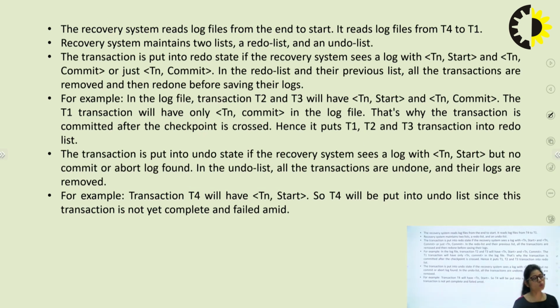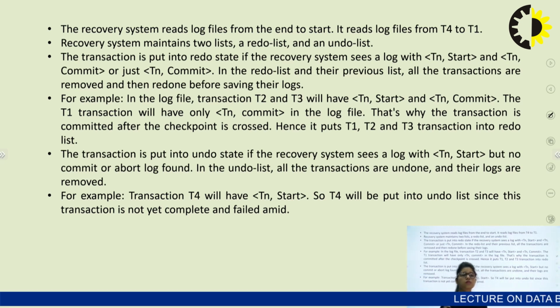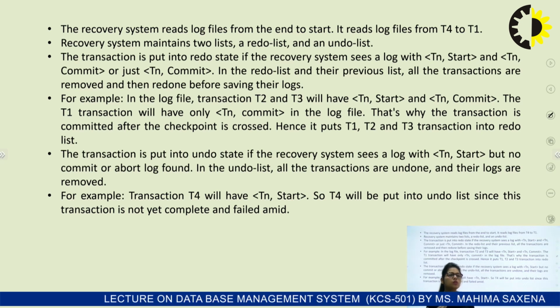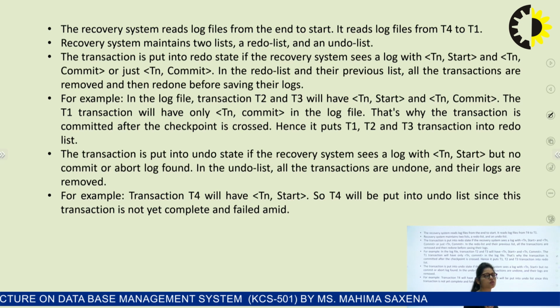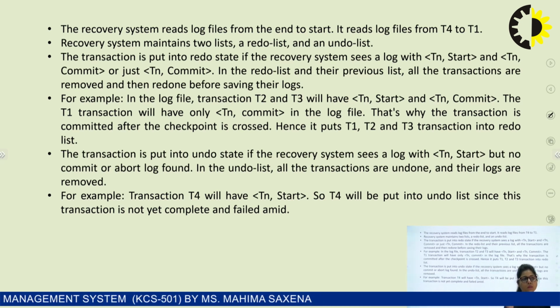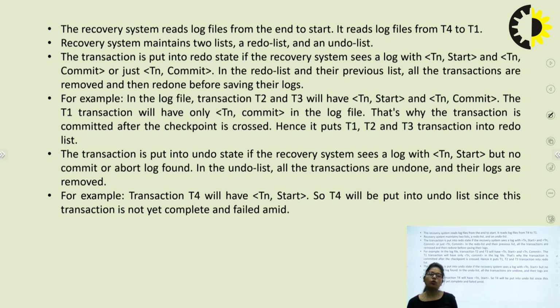The recovery system maintains two lists, a redo list and an undo list. A transaction is put into the redo list if the recovery system sees a log with Tn start and Tn commit, or just Tn commit. For example, in the log file, transactions T2 and T3 will have Tn start and Tn commit.